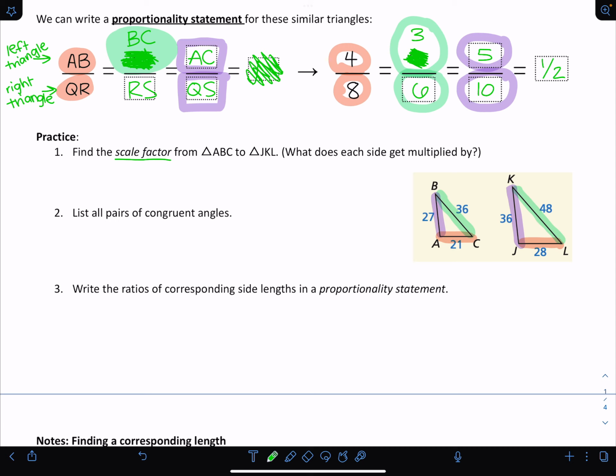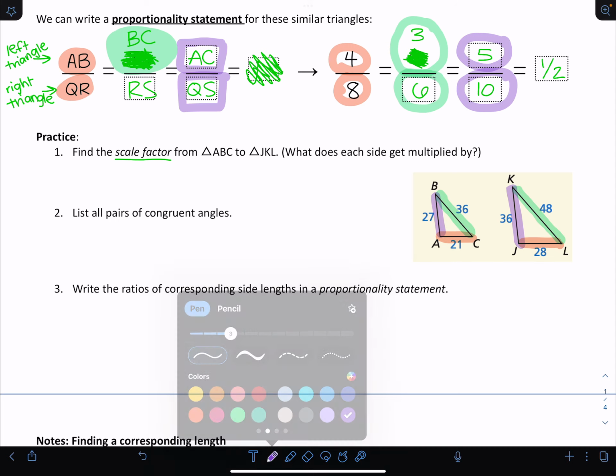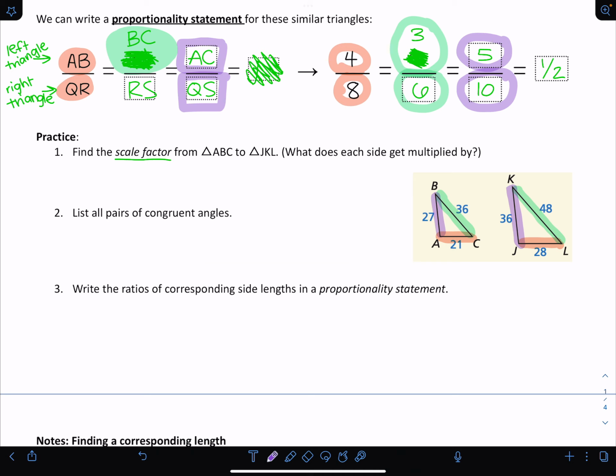Let's use the purple side first. Maybe I'll change my pen to purple too. So we had to multiply by something to get from the left triangle to the right triangle. So we had to take 27 times a number to get to 36. We don't know what that number is, which is why I wrote it in as an x. Now we have an equation that we can solve. 27 times x equals 36.